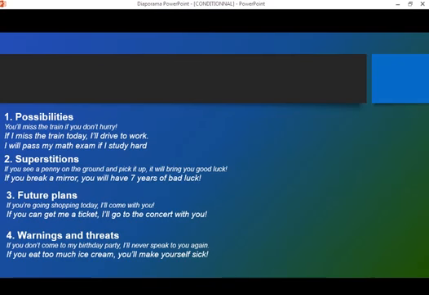And here we have other uses. When we have, for example, possibilities, we use the conditional type 1. For example, you will miss the train if you don't hurry. It is possible, okay, to happen. If I miss the train today, I drive to work.